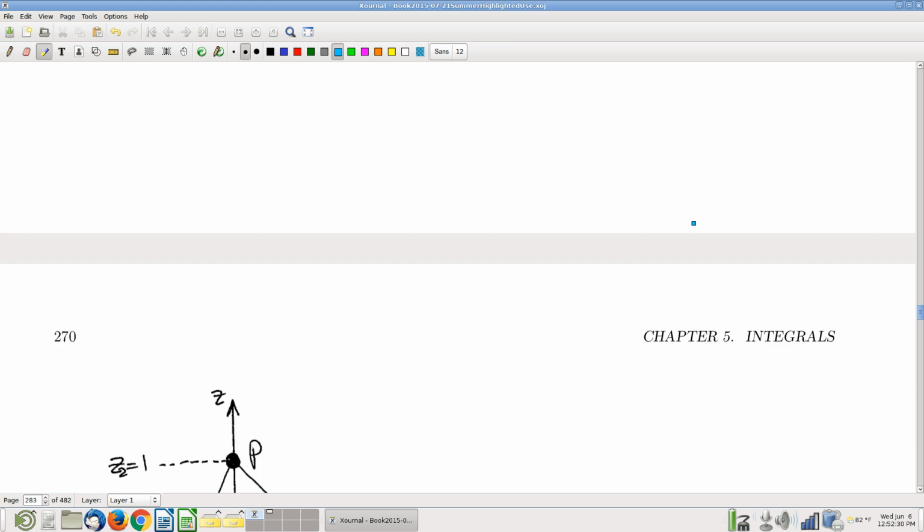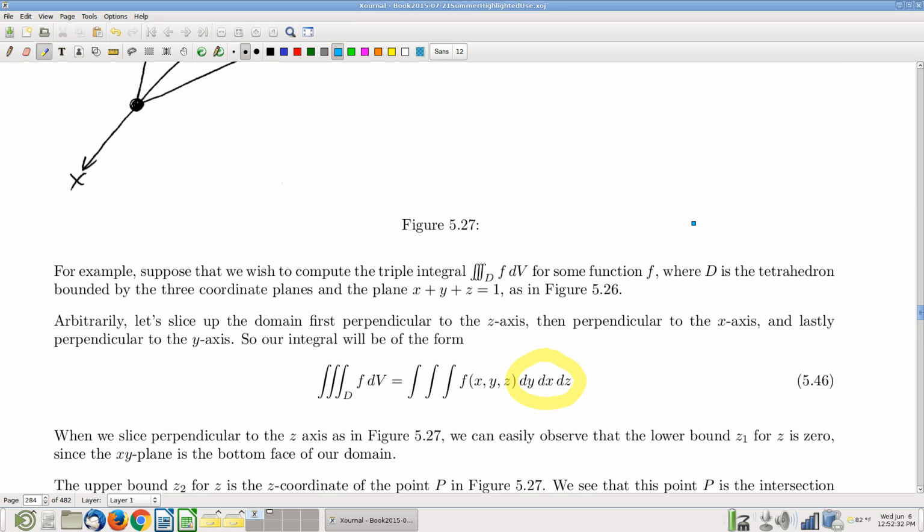Okay, so we can slice this up kind of however we want. I've made an arbitrary choice here that I want to do the differentials in that order. Again, you have 6 choices. By the way, you might be wondering, which one is the best one? Which way should I slice it? Hard question. Like with double integrals, there's going to be motivations. We're going to try to avoid slicing through corners.